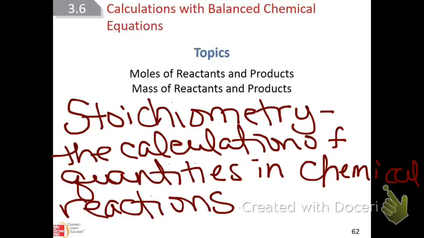Stoichiometry is the calculation of quantities in chemical reactions, and so you're calculating, if I have so much of this reactant, how much product can I make? So it has very real-life applications. In the nursing program, for example, it's huge. This is very much pharmaceutical calculations. It's very, very big in being able to do this kind of calculation, stoichiometry.